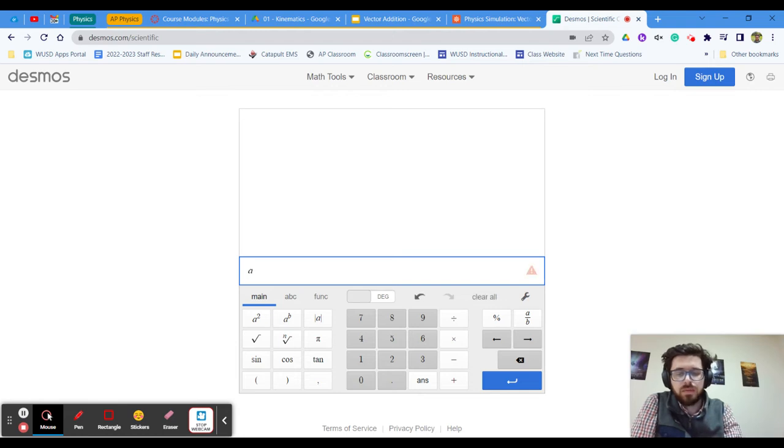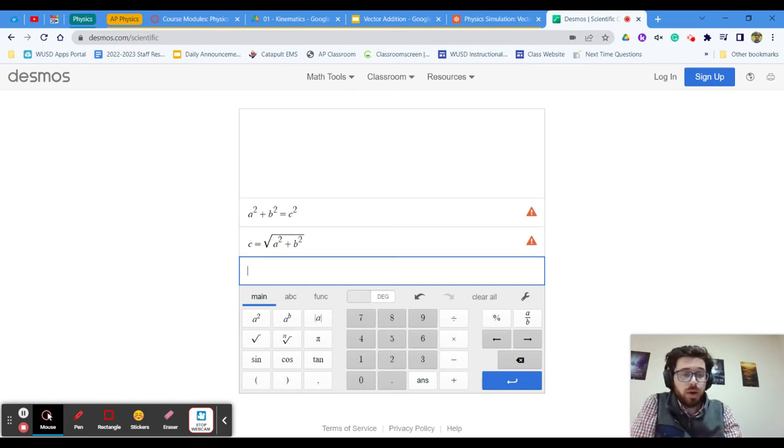So we got a squared plus b squared is equal to c squared, right? And c is going to be our resultant, our hypotenuse. And so c is going to equal the square root of a squared plus b squared.